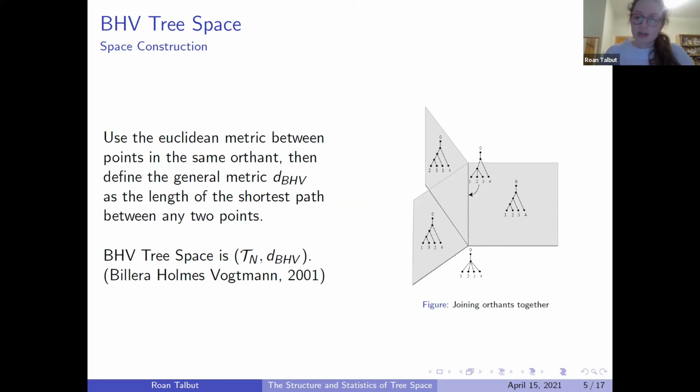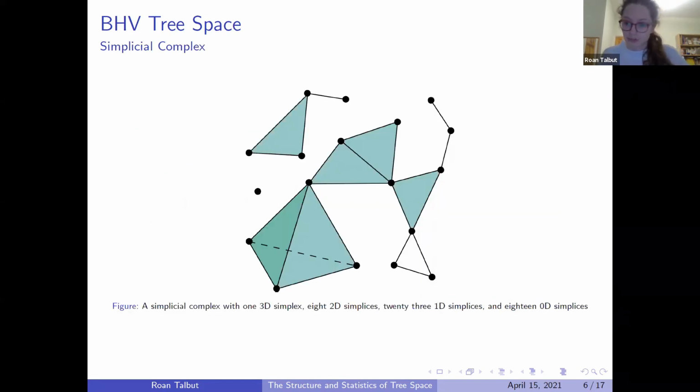So if we want to try describing the structure of the overall space, what we're going to be using is simplicial complexes, which is something I came across in third year algebraic topology, so don't worry if that is not familiar to you. It can effectively be thought of as a higher dimensional version of a graph, where we have vertices, we have edges, but then we also have 3-point collections or 4-point collections, which are these triangles and the tetrahedron.